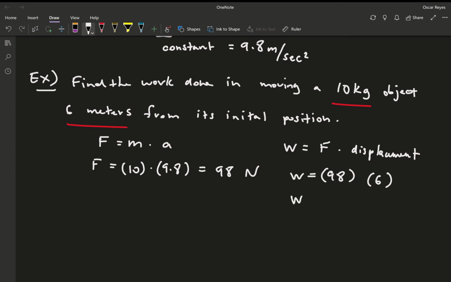So work equals 98 times 6, which gives us 588 joules. Another way to write joules is Newton meters, Newton times meters. So that's how much work needs to be done to move a 10 kilogram object 6 meters from its initial position.